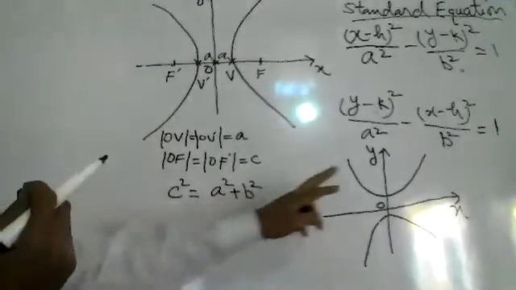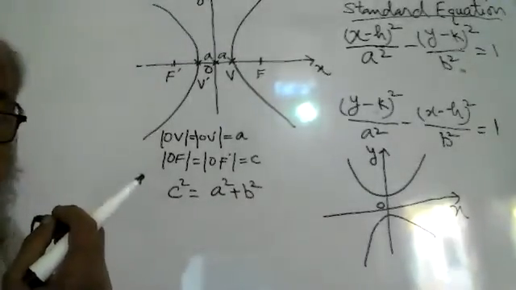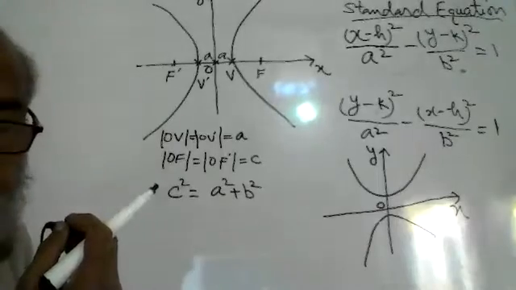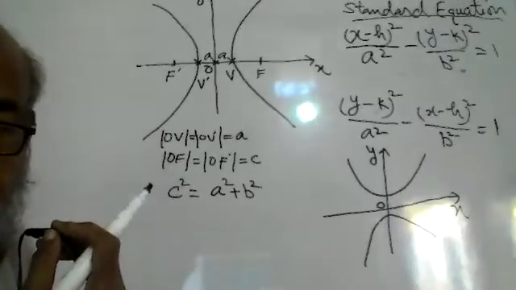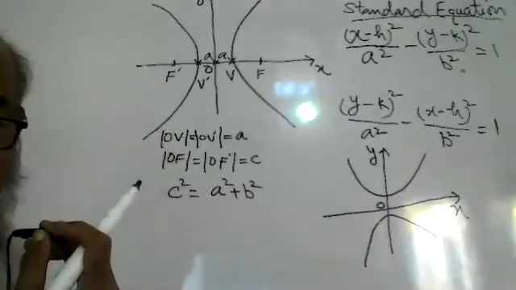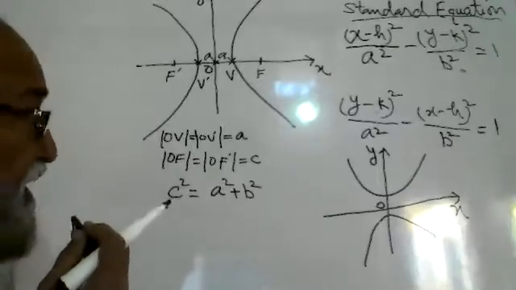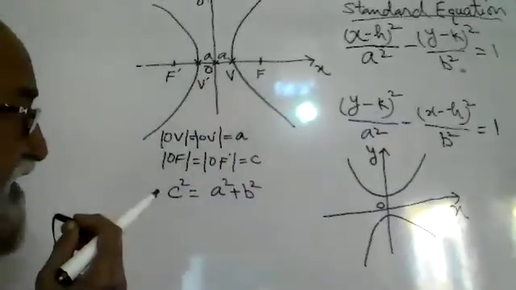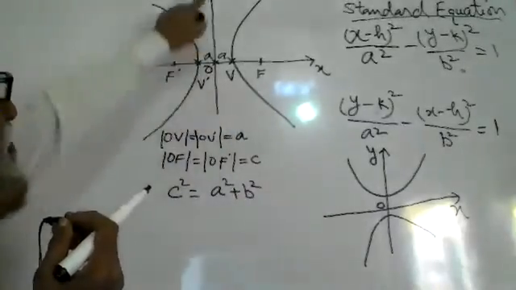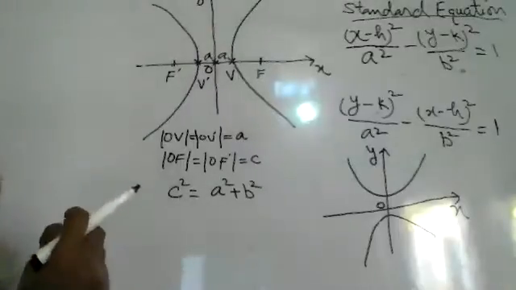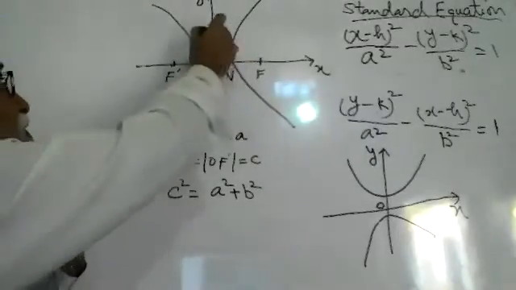B is called the conjugate axis, and A is called the major axis or the transverse axis. A is always along the transverse axis, A and C. B will be on the conjugate axis, the opposite axis. If it is A, B will be over there.